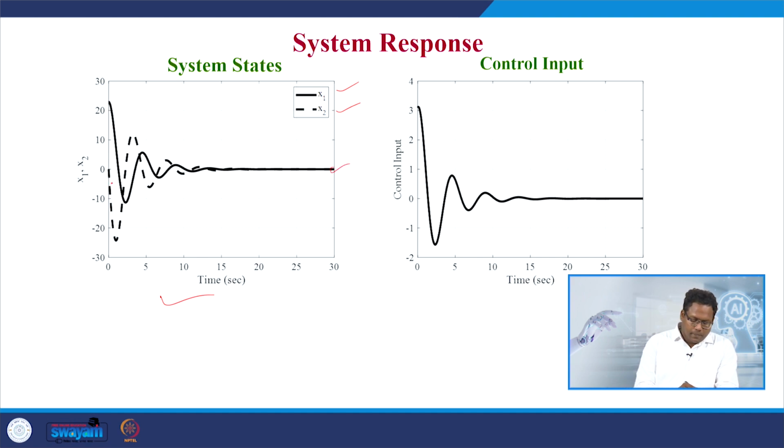Likewise, the velocity also converges to 0. Even though it starts from 0, there are some initial intermediate perturbations and then it settles down. The associated control input is shown here. It starts with 3.2 and settles down to 0 in the end, since it is a regulation problem where the control input becomes 0 in the end.